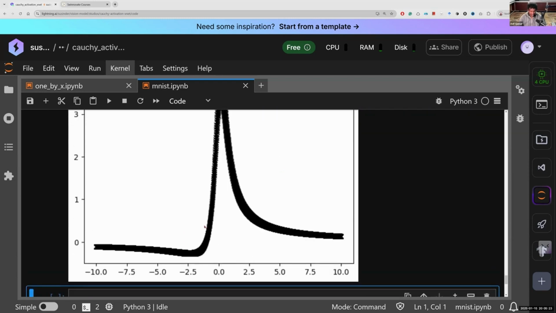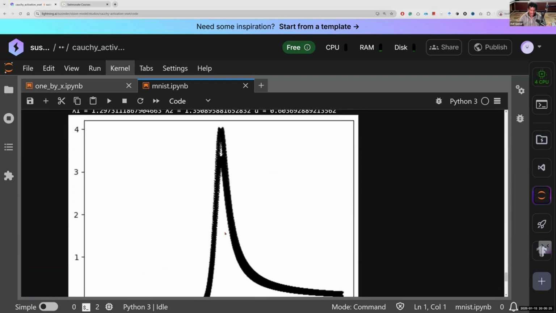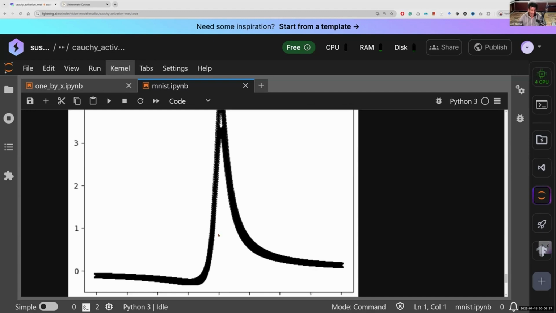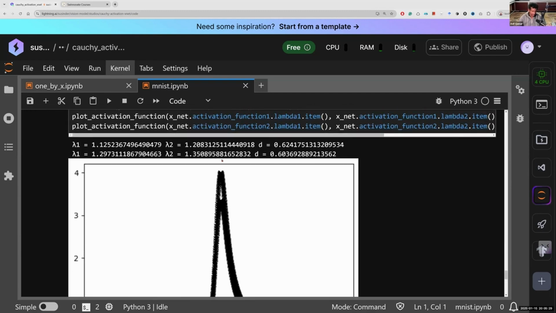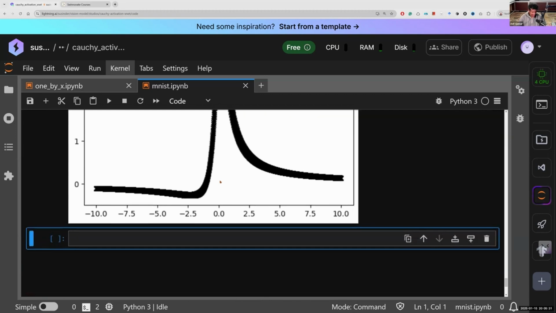So this is how the final learned activation function looks, and these are the parameters. Hopefully that gives you a good idea of the potential benefits of this Cauchy activation function.